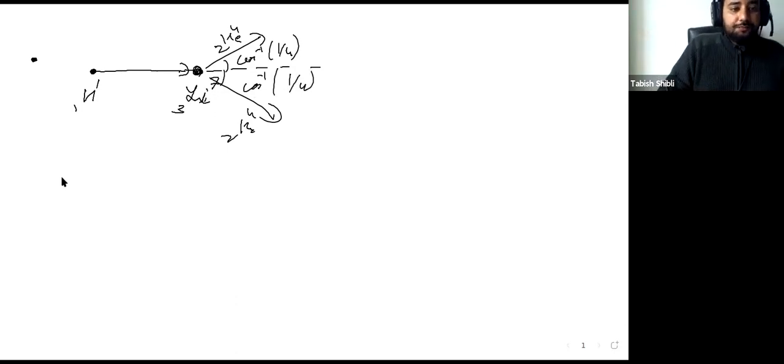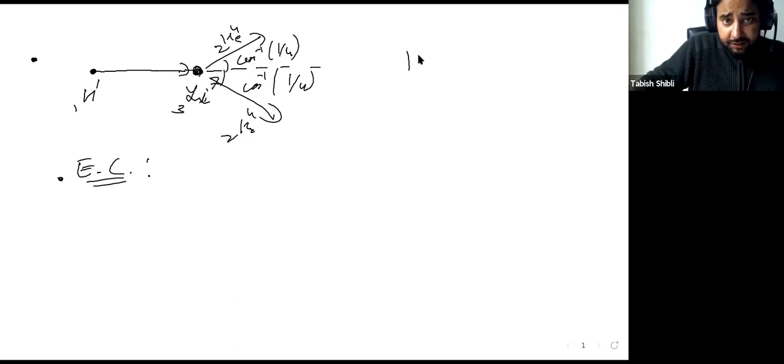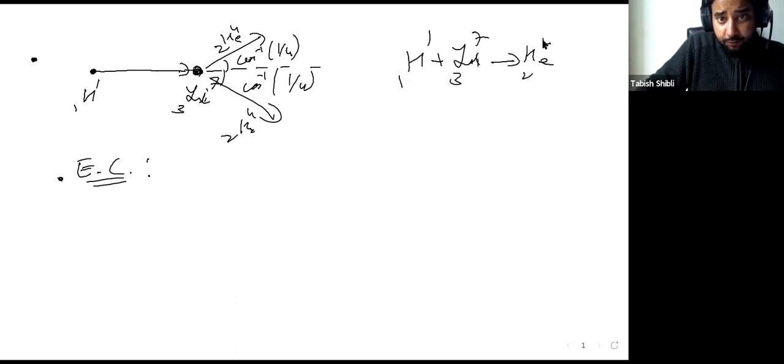Okay, so let's use energy conservation first. Energetically, initially you have, so how is the reaction? You have the proton plus the lithium 3 7 gives helium 2 4 plus helium 2 4, right? This is the reaction that is happening. What is the energy on the left hand side?